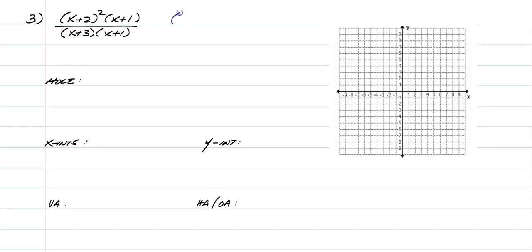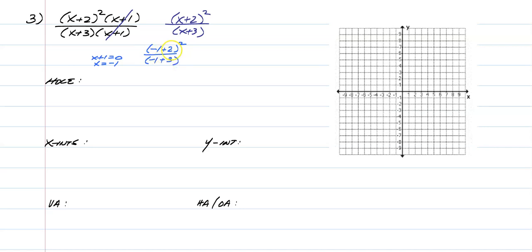So this one would simplify to x plus 2 squared over x plus 3. So our hole is where those guys canceled. So the x plus 1 is set equal to 0, and you solve, you get x equals -1. But then remember, you plug the -1 into your simplified equation and evaluate.